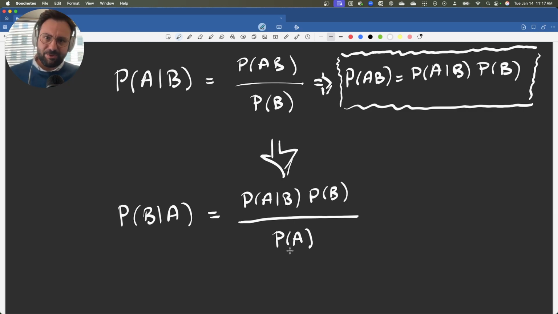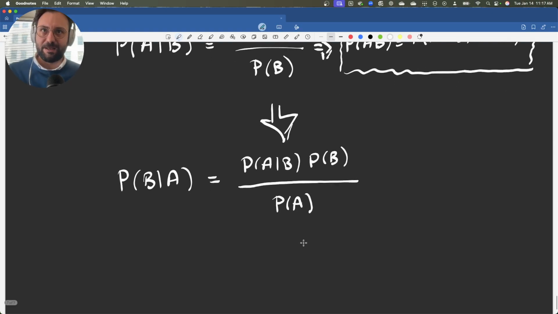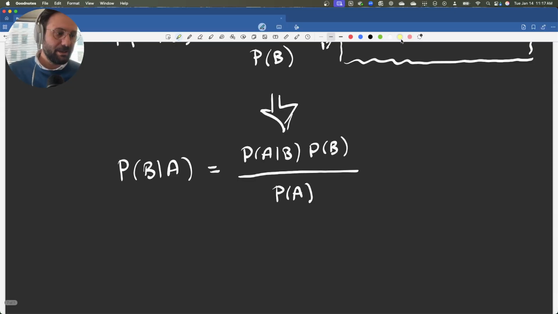And probability of A can also be described this way, so let's talk about the probability of A. Probability of A is a marginal over the joint.